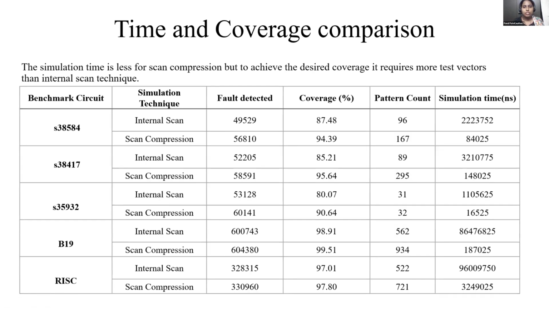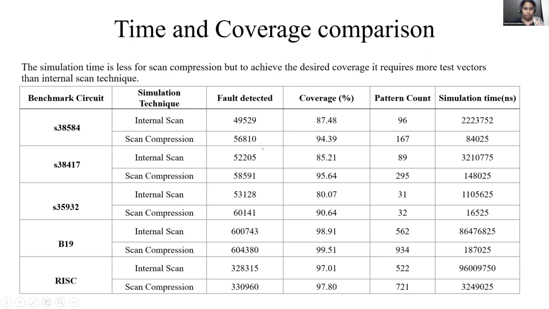Now this is for time and coverage comparison. For 38417, we have already discussed. In our bigger designs like B19, the coverage for internal scan is 98.91%, and for scan compression it is 99.51%. The fault detected under internal scan is 6000743, and in scan compression it is 604380.